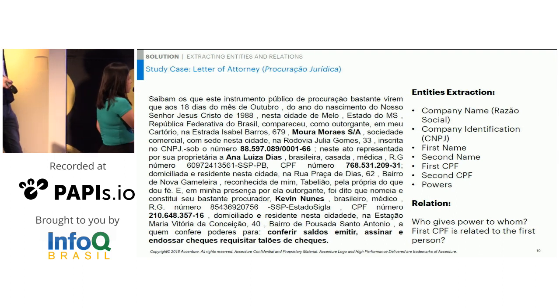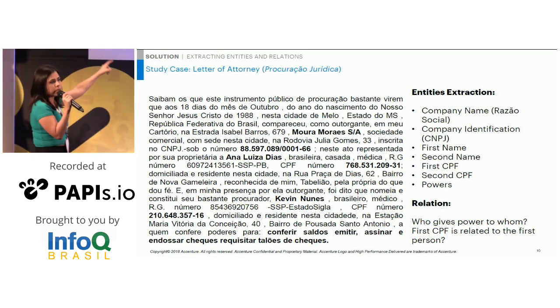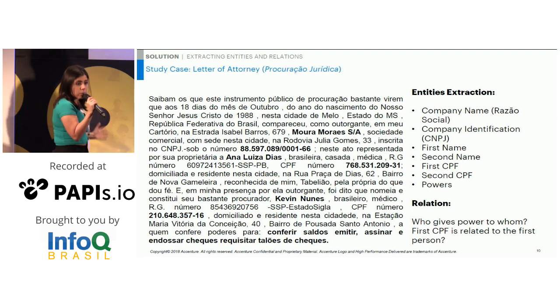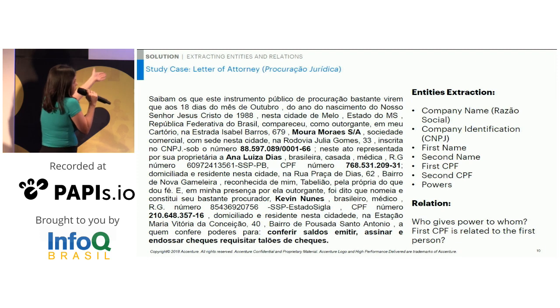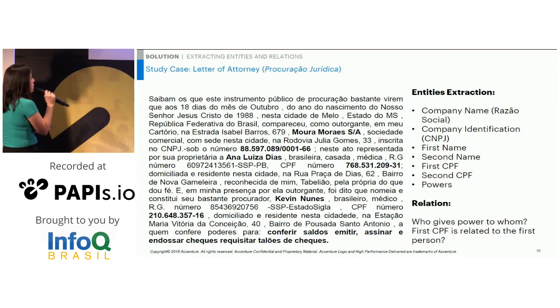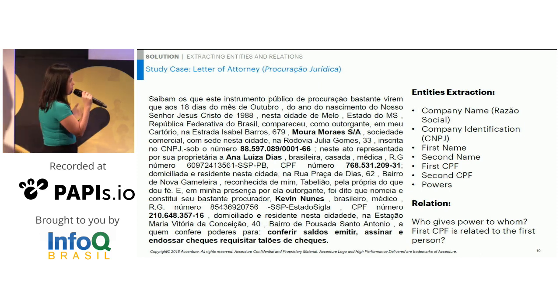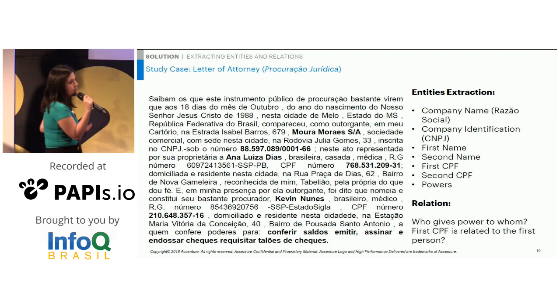So once we do the relation task with this convolutional neural network, we can identify who is giving power to another, or whether the first CPF is the first person or not. It's important because we don't only want to identify the people or numbers. We want to understand what the document is saying to us.